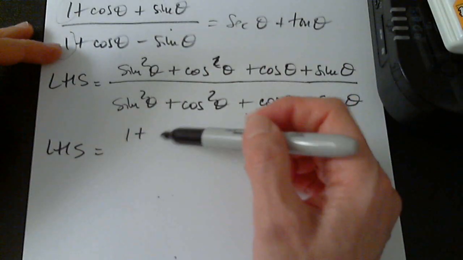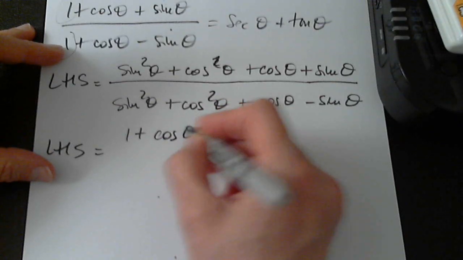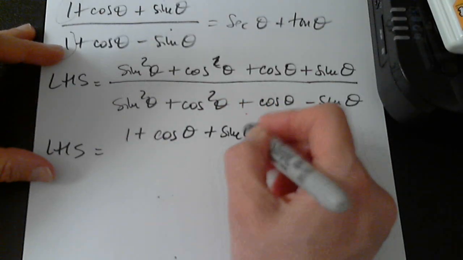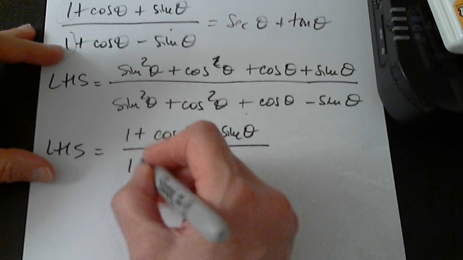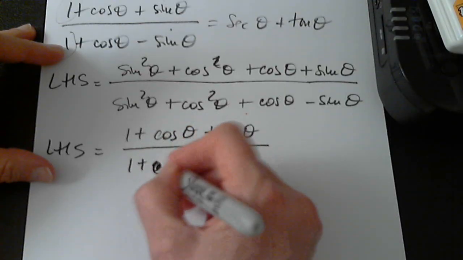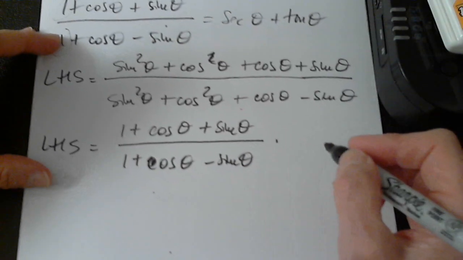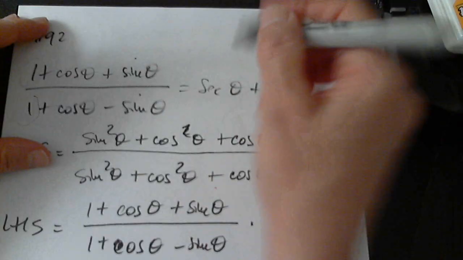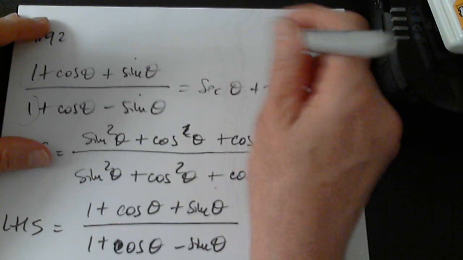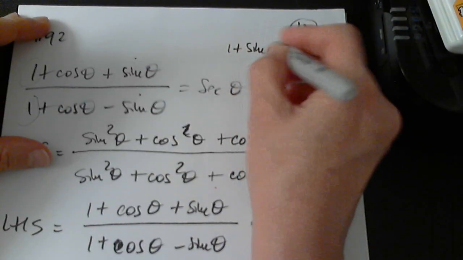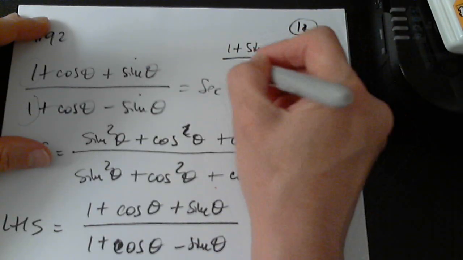Okay, 1 plus cosine plus sine over 1 plus cosine theta minus sine theta. This is a simple situation here. It's 1 plus sine theta over cosine theta.